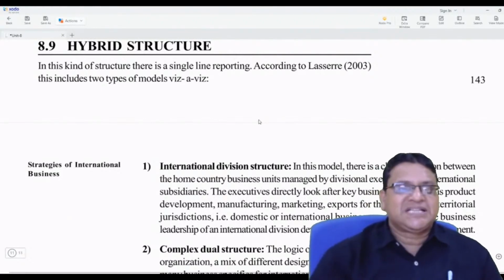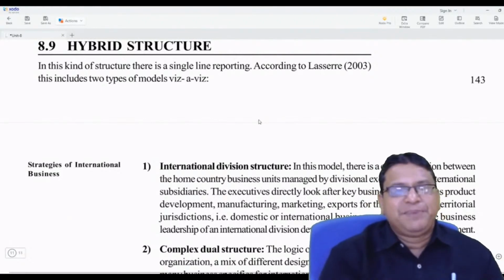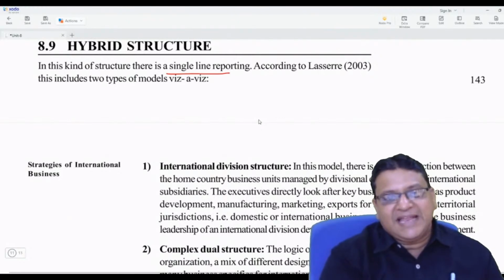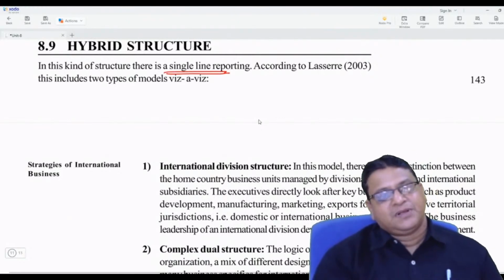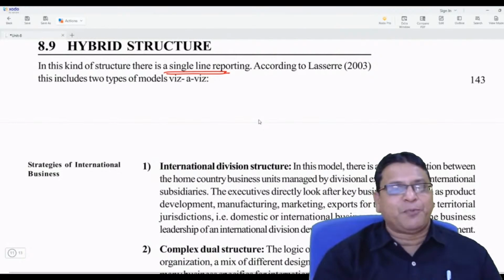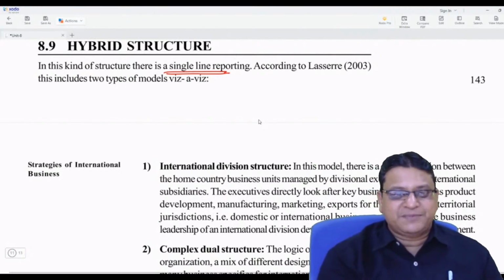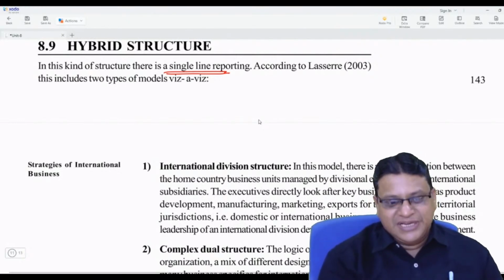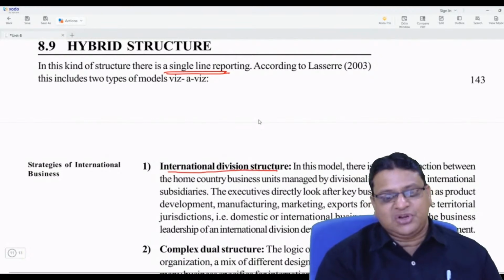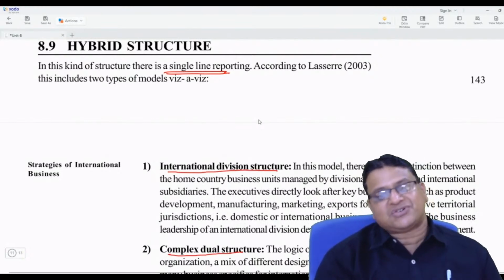Then there is another model that is known as the hybrid structure model. What is the hybrid structure model? This hybrid structure model is based upon single line reporting. This model is a single line reporting model. There can be two types of hybrid structure: international division structure and complex dual structure.